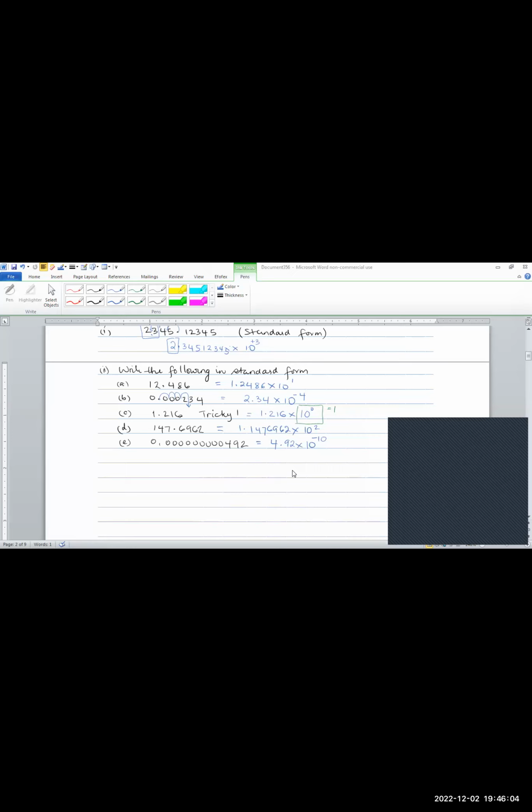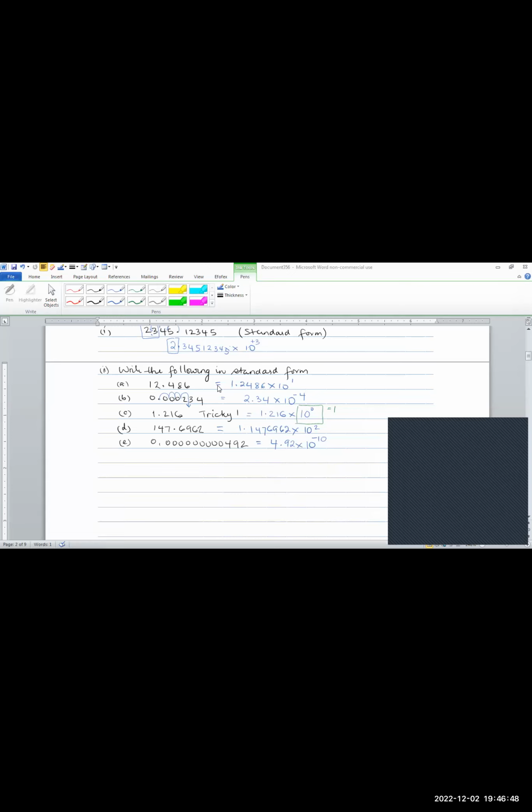Yes, it's going to be a decimal that we're multiplying, but we convert it so that it has one single whole number. The decimal point should be between the first two whole numbers. See it right here: 4.9, 1.1, 1.2, 2.3, 1.2.